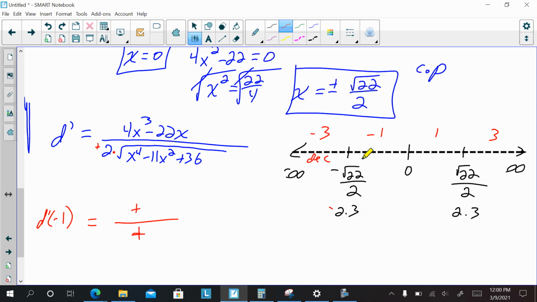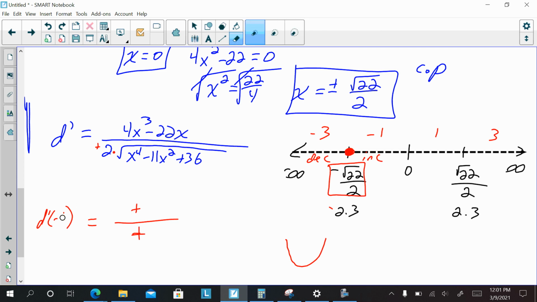Positive over positive, that's positive, so we're increasing here. So at this number, we went from decreasing to increasing. So this point is a minimum. So this is one of our points that's a minimum.